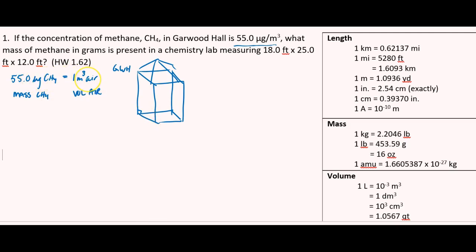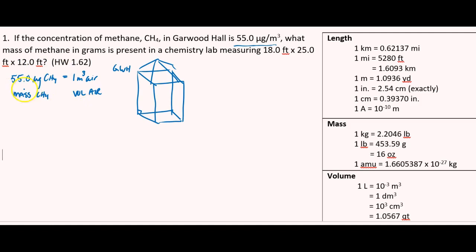That's going to be an important relationship. That's a conversion factor, and it's really helpful to write down the item or the substance. Notice in the problem they just said micrograms per cubic meter, but I like to take the time to say, this is micrograms of methane for every cubic meter of air or space. So now I'm starting to get a feel for what this relationship means.